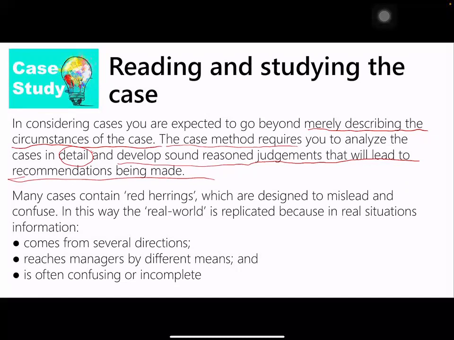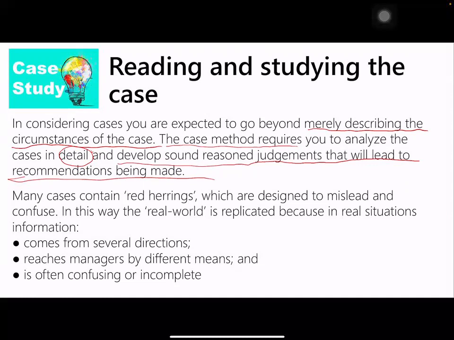Many cases contain red herrings, which are designed to mislead and confuse. In this way, the real world is replicated, because in real situations, information comes from several directions, reaches managers by different means, and is often confusing or incomplete.